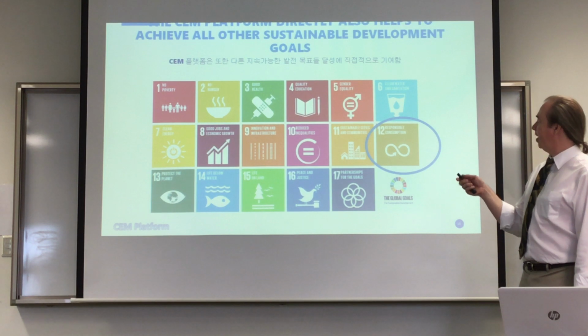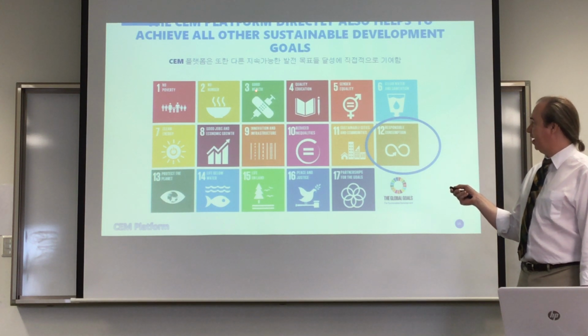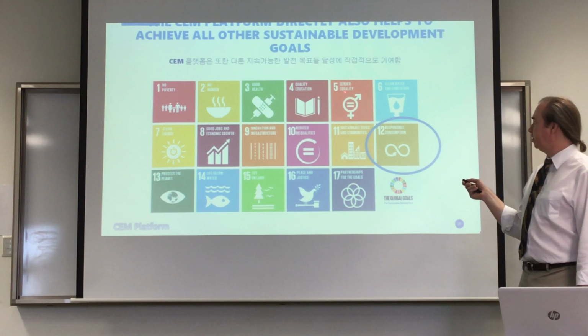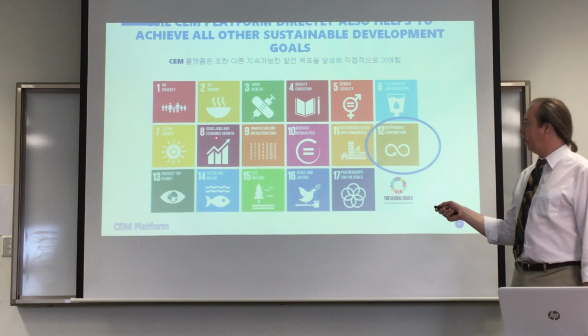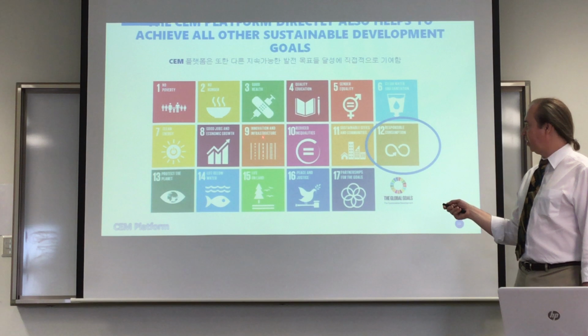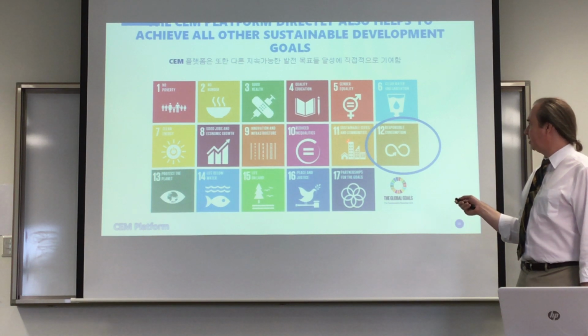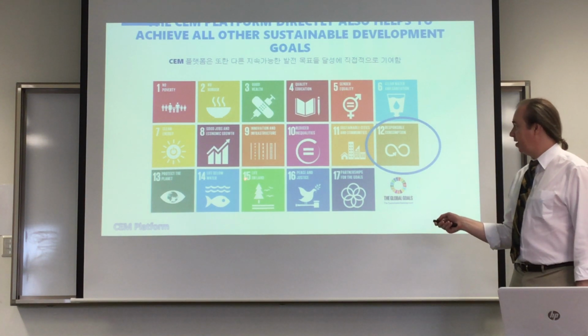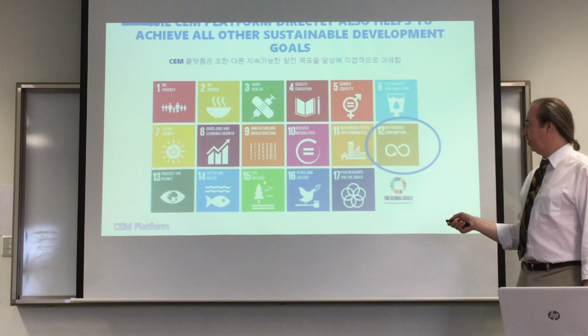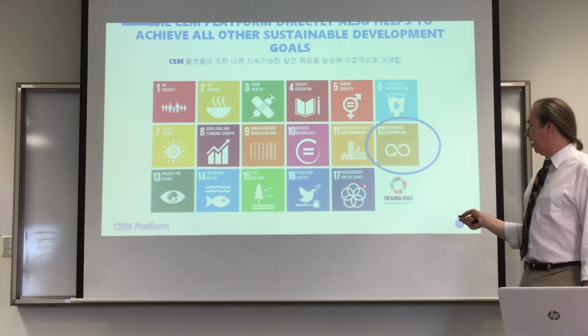The CEM platform could encourage no poverty, no hunger, good health, quality education, gender equality, clean water and sanitation, clean energy, good jobs and economic growth, innovation in infrastructure, reduced inequalities, sustainable cities and communities, as I said, responsible consumption and production, protect the planet, life below water, life on land, peace and justice, and partnership for the goals.